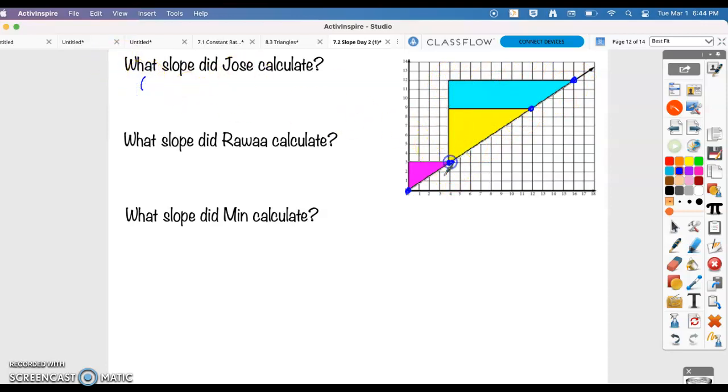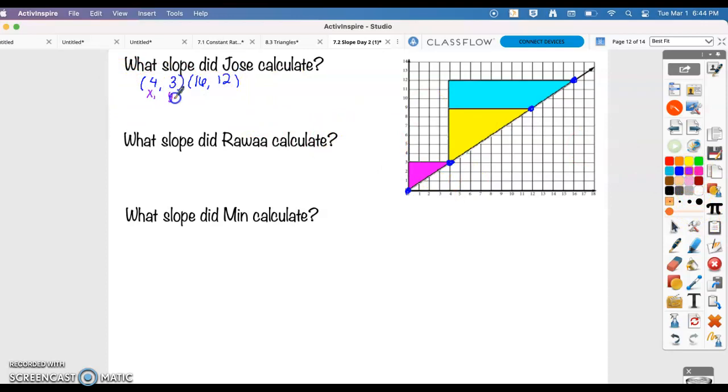So this point right here, remember you always go over to 4, so it's 4, and then I go up to 3, so that's one of his points, and then this one over here is his other point, which is over to 16, and then it goes all the way up here to 12.